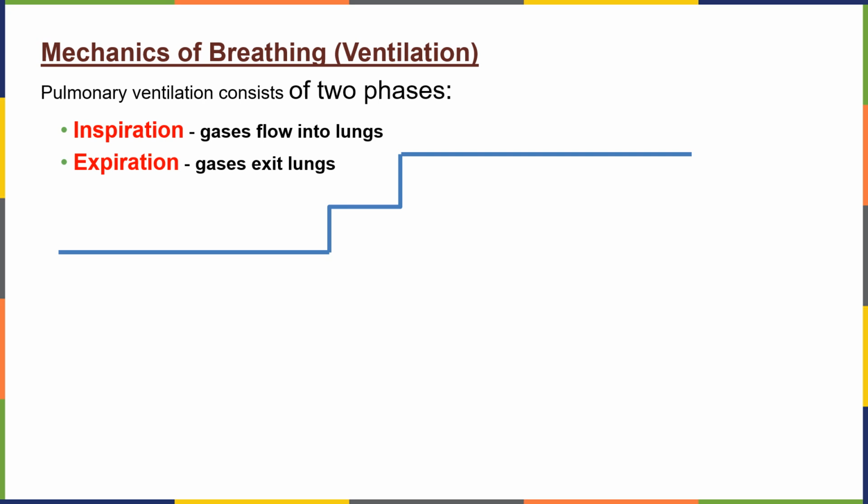Moving on now into breathing mechanics, obviously we inspire, bringing gas in, and we expire, ventilating gas out. So we're going to deal with Boyle's law and some of the mechanics of ventilation.